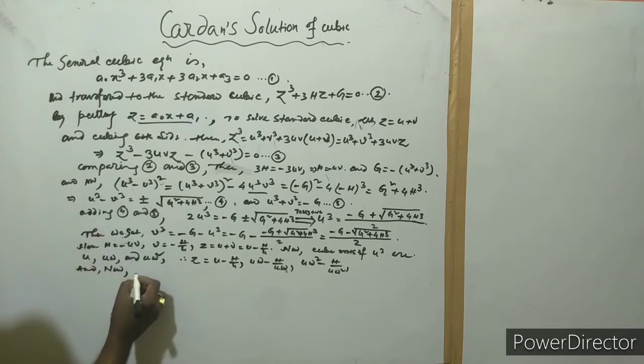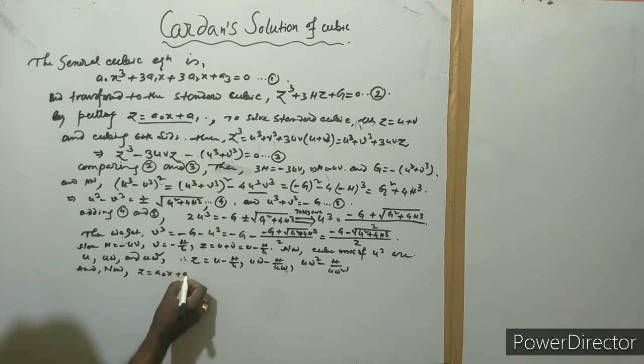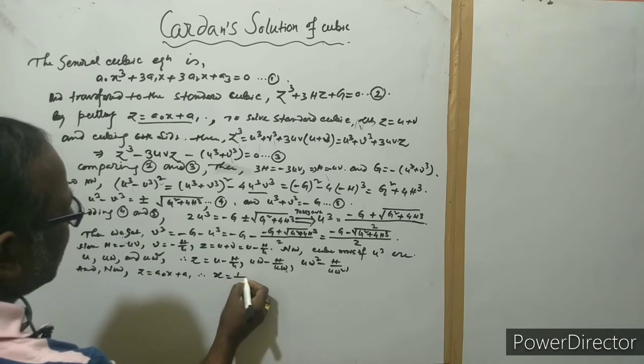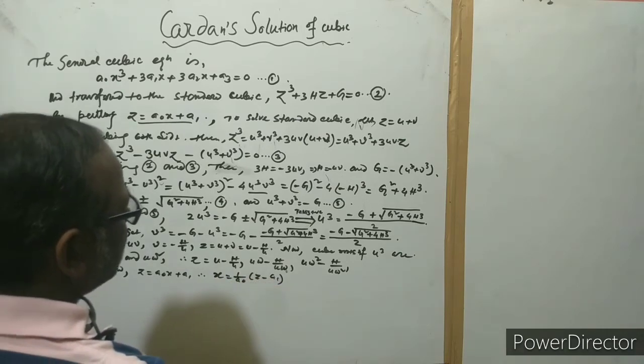Now we want to find the value of x. We have z equal to a naught x plus a1. Therefore x is equal to 1 by a naught into (z minus a1).